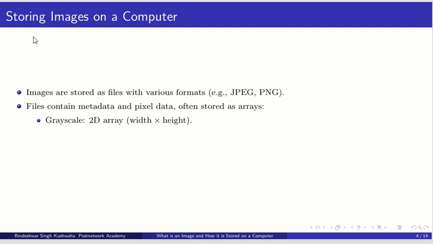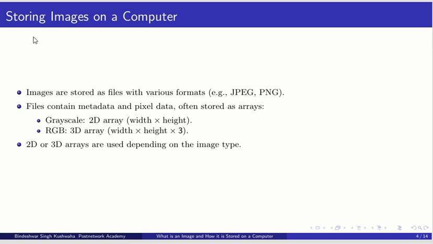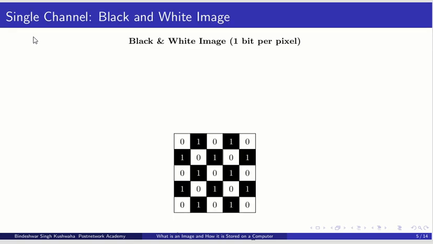Grayscale is a 2D array, like width and height. RGB is a 3D array: width, height, and 3 channels. So a 2D or 3D array depends on the image type. Like here, black and white, 1 bit per pixel. You can see an image here. If 0, then white; if 1, then black.